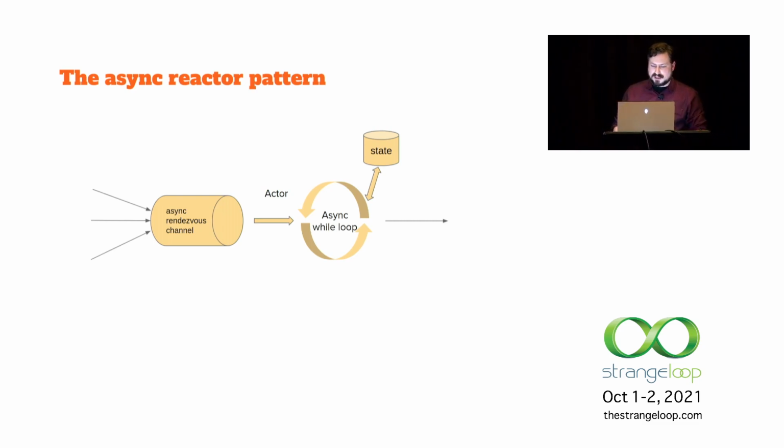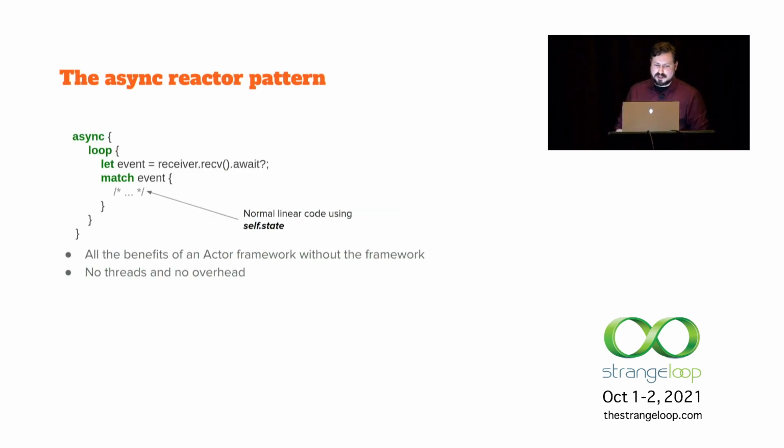And if you combine that with a state, which is just an enum, you can write essentially an actor framework in about 12 lines of code. And this is all just normal code out of the box, nothing fancy. You don't need a framework, and there's no overhead. You can just do your async block, have a loop, pull on your channel, and then decide what you want to do based on the state in the channel.